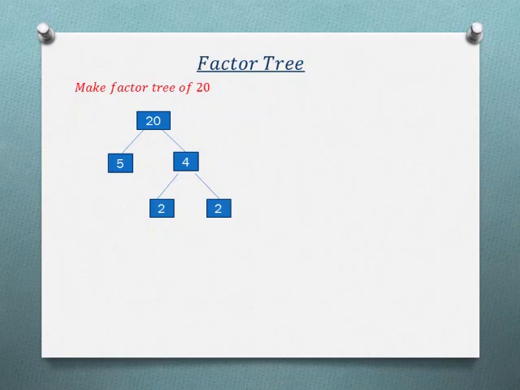You can write a factor tree for any number. An important note: 1 times the number itself, like 1 into 20, no need to split up in a factor tree. We can use only the other factors. You have to remember that while drawing the factor tree.